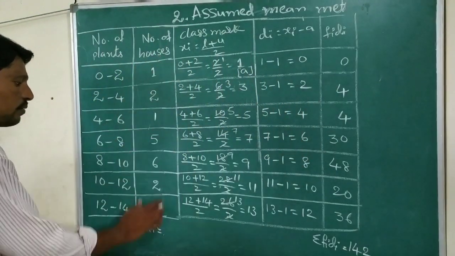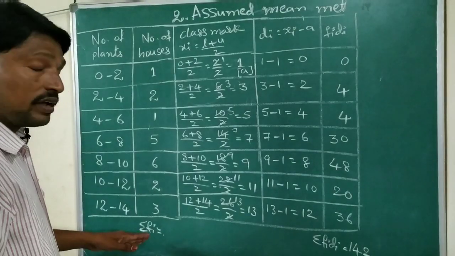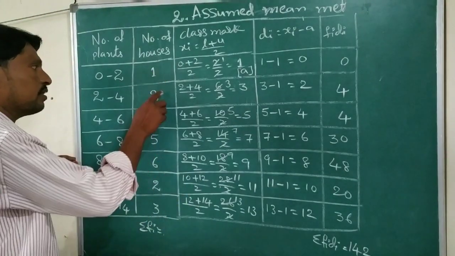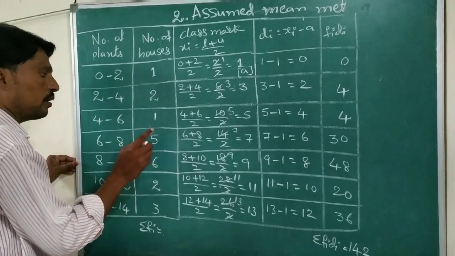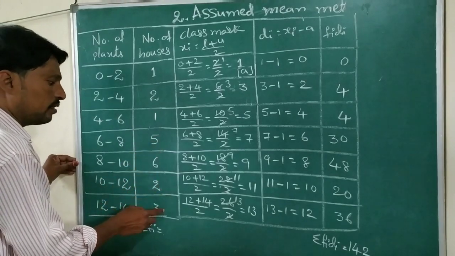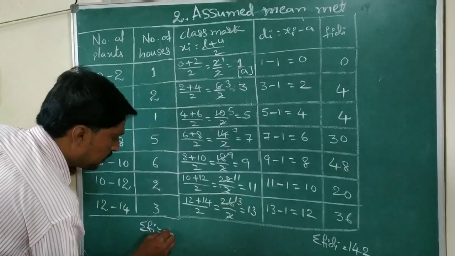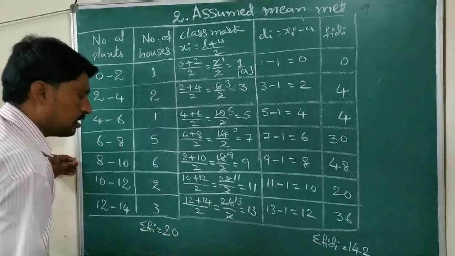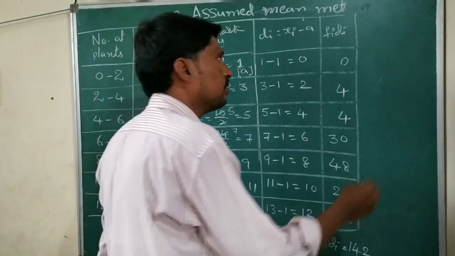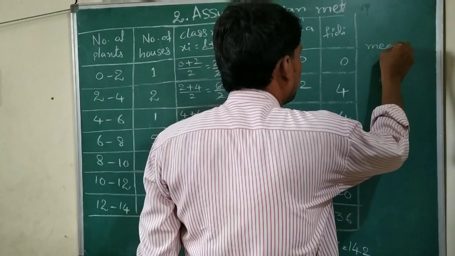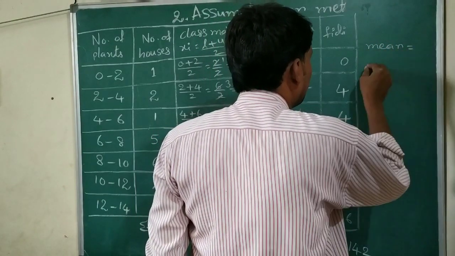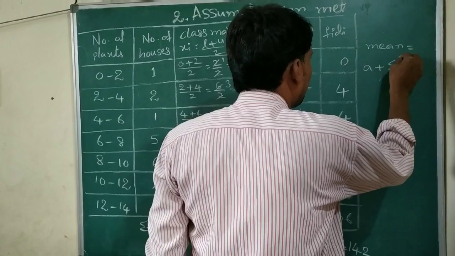Again we need to find sigma Fi. Sigma Fi means 1 plus 2 plus 1 plus 5 plus 6 plus 2 plus 3. This total value, as we already found, is 20. Now we can find the mean. Before that, write down A and sigma Fi.